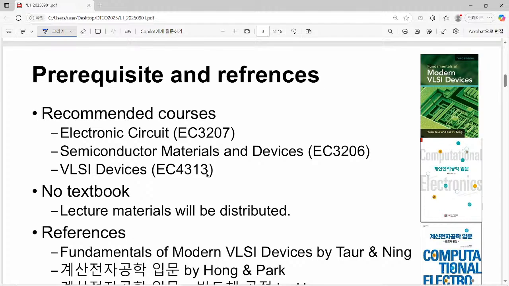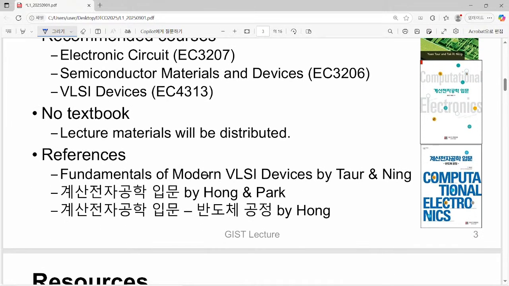But if you are really determined to enroll in this course, then you will suffer quite a lot and learn quite a lot. As I told you before, this course is made by myself, so there is currently no available textbook. Who knows what will happen to our semiconductor industry later?